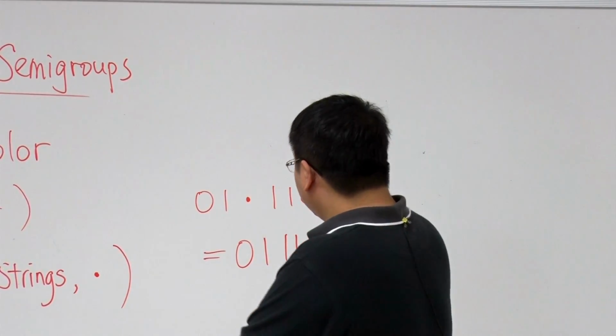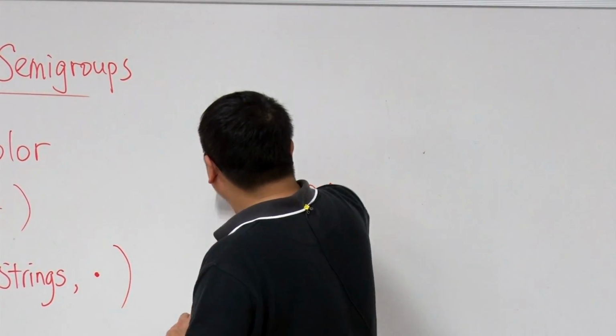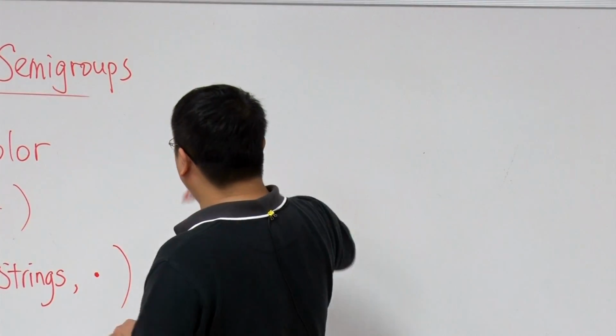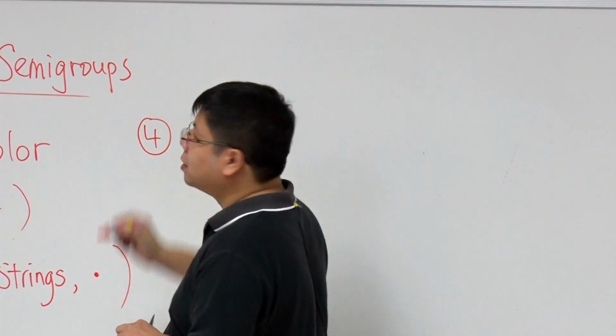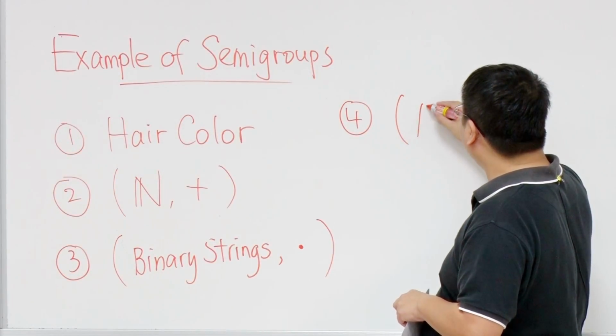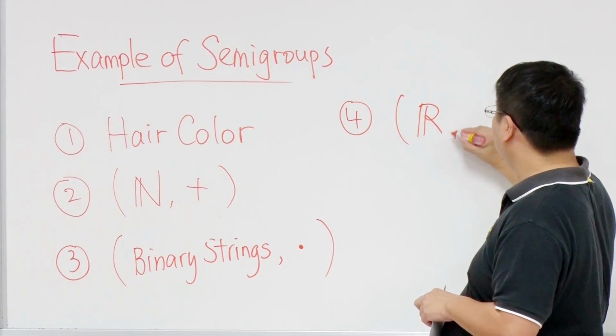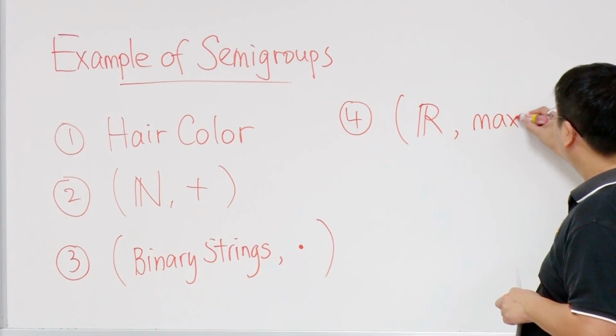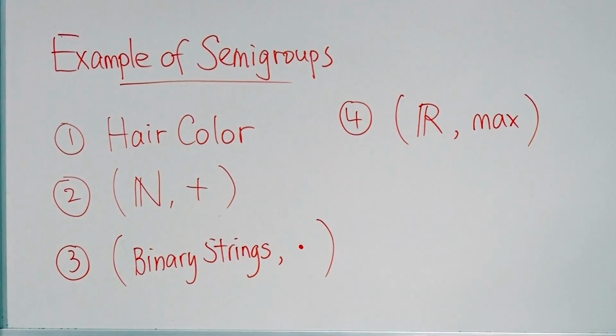You can have many examples. Let's say you have the real numbers, R, and the operator max of two numbers.